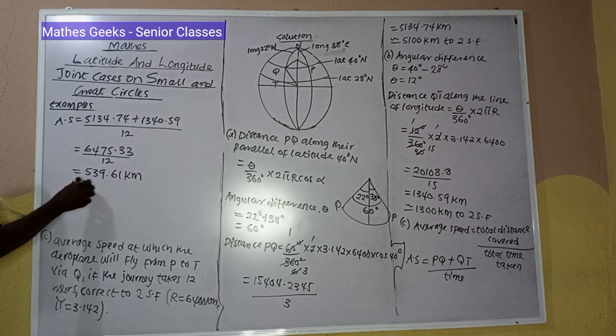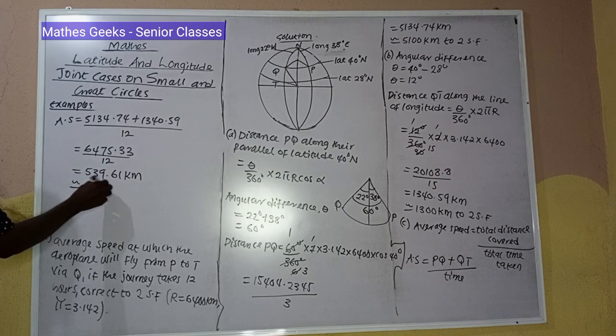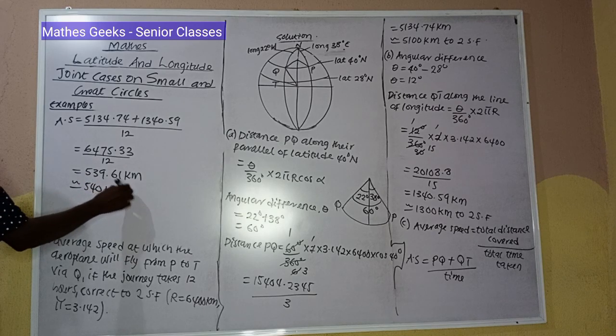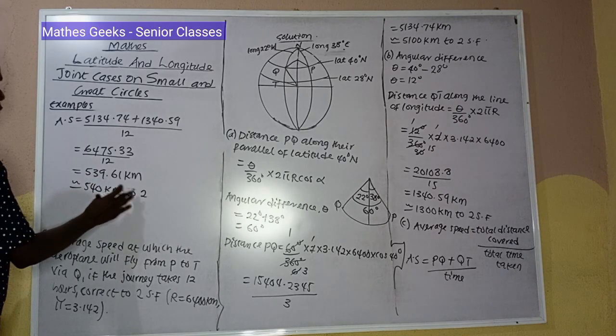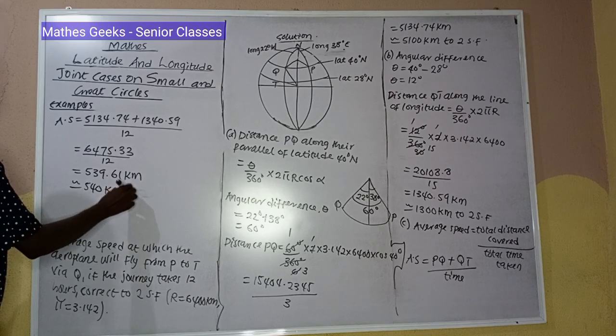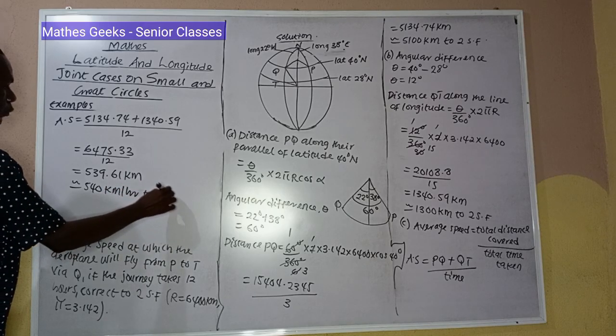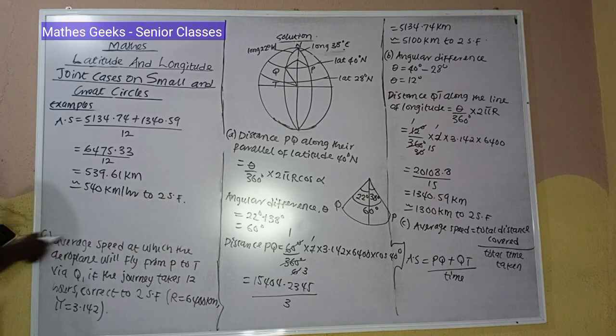So approximately, the average speed is 540 kilometers per hour to two significant figures.